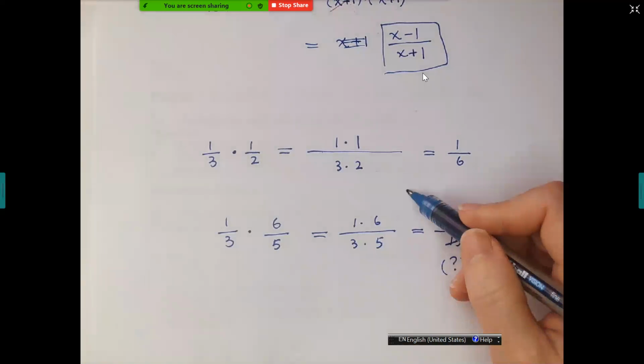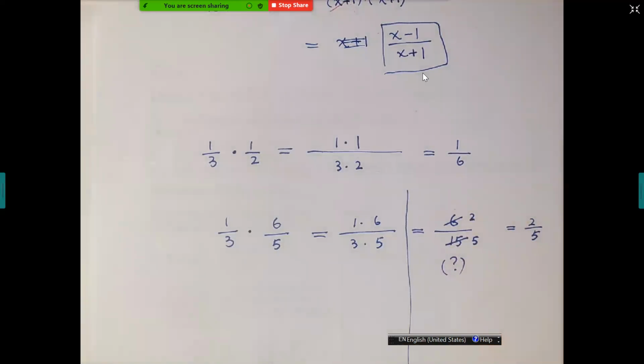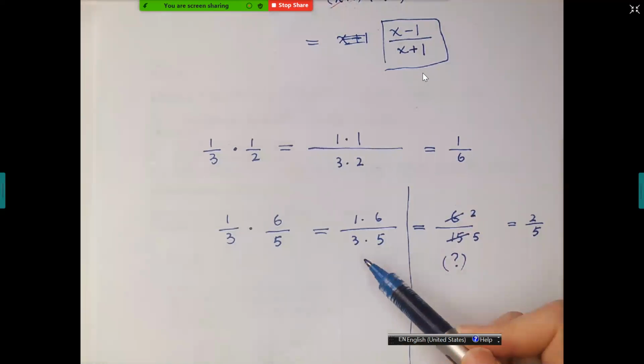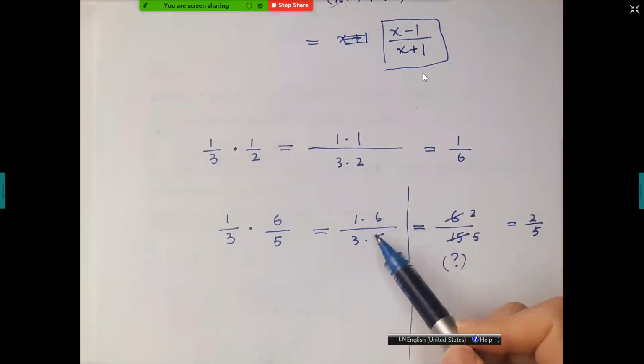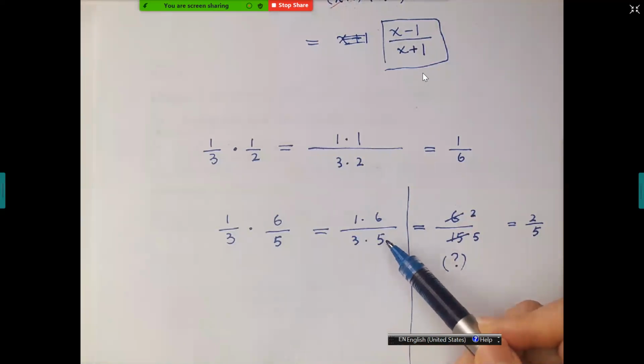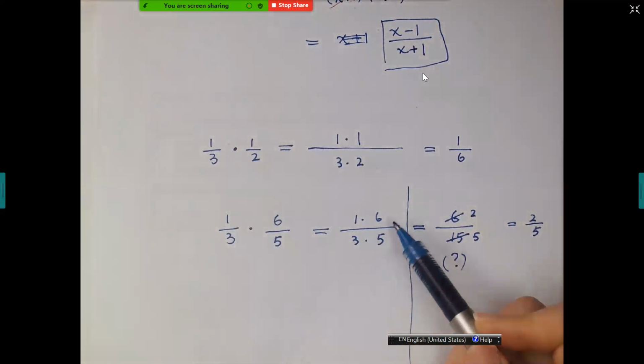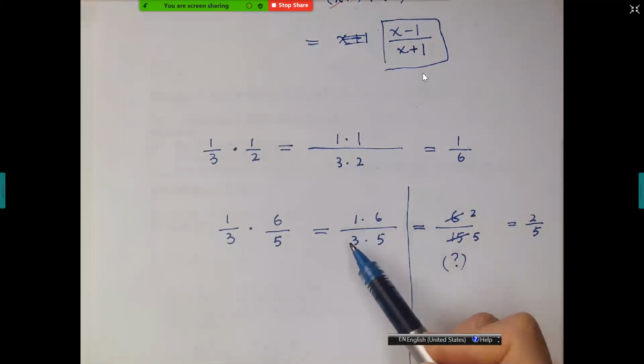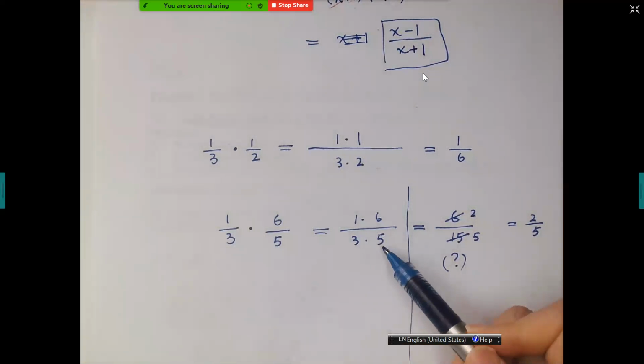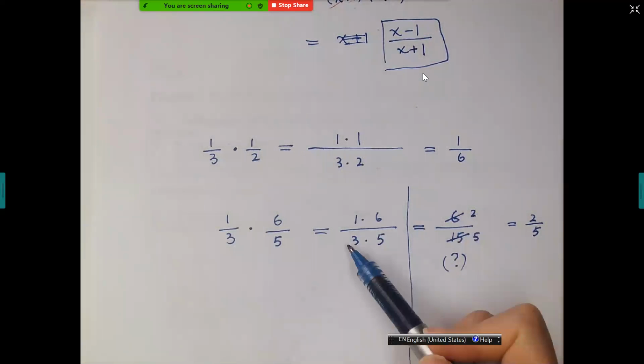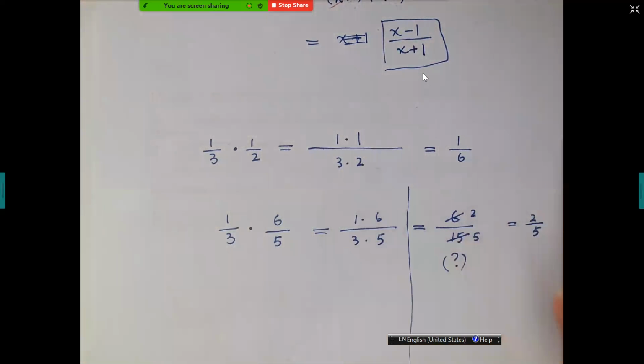When we do the multiplication of fraction numbers, after we write this one here, I believe your professor should have told you, no rush to multiply the numerator and denominator out. So don't get 1 times 6, 6, 3 times 15. This is okay, but not the best way.